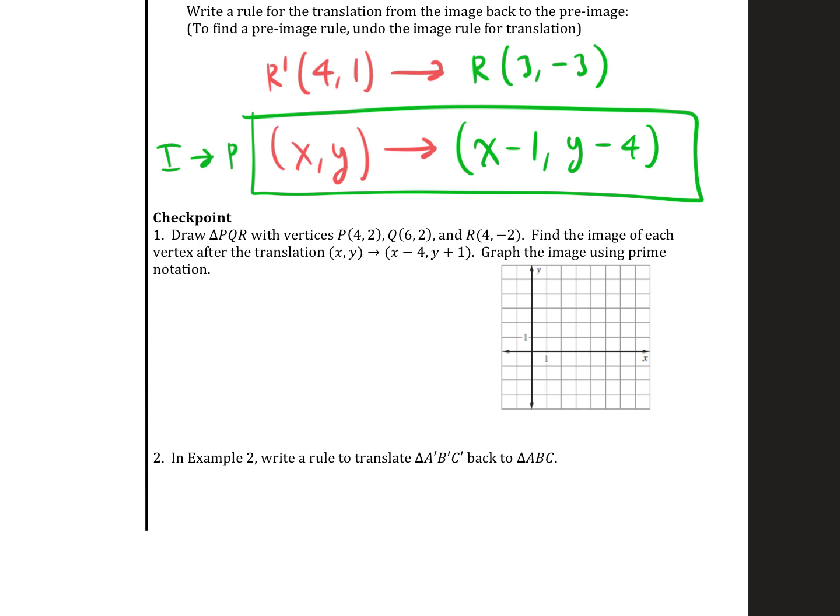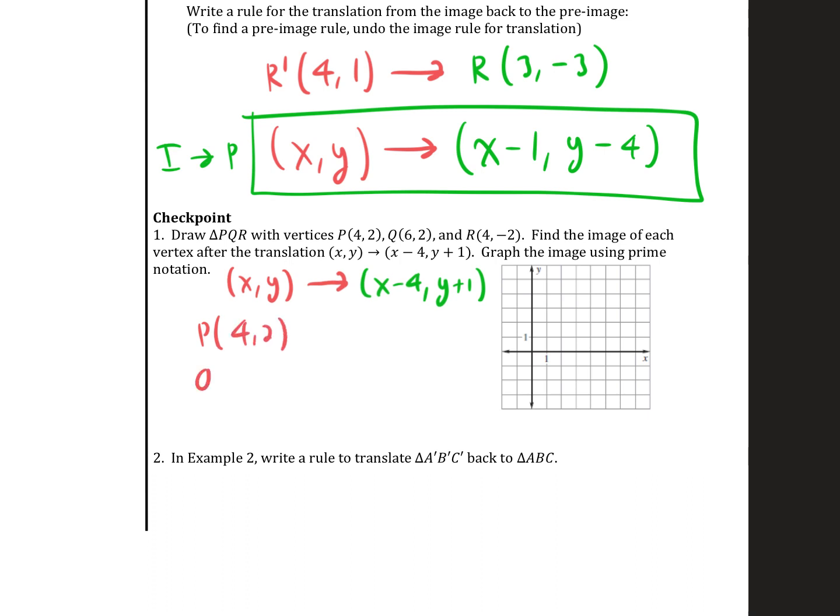Okay, so I should mention this here, we're going to have to write all the coordinates here. So let's write the rule first. We have x, y goes to x minus 4 and y plus 1. Okay. And so our points are, we have P was 4, 2.